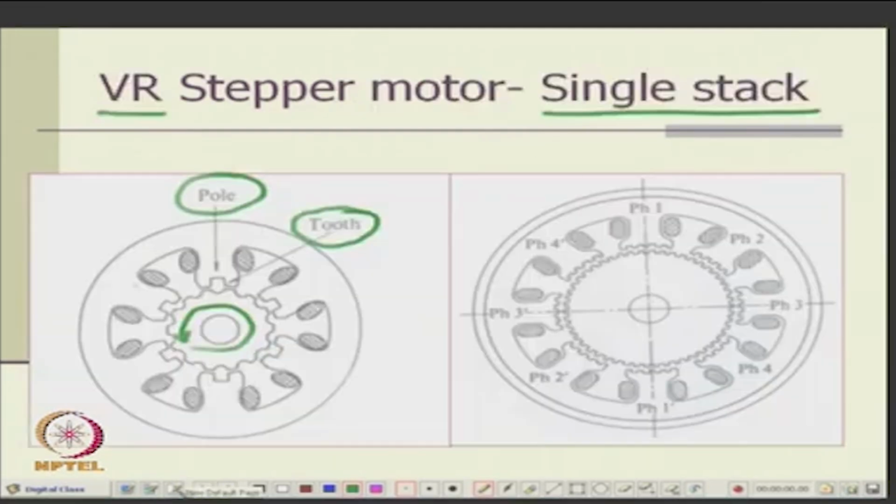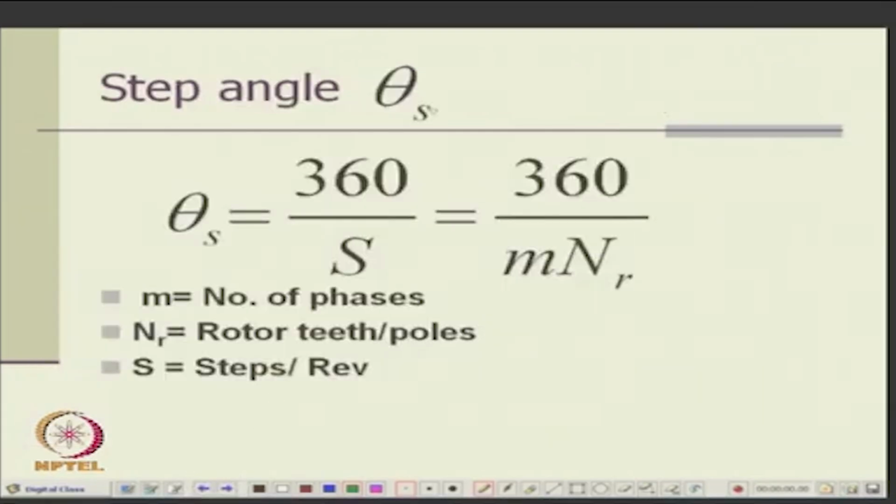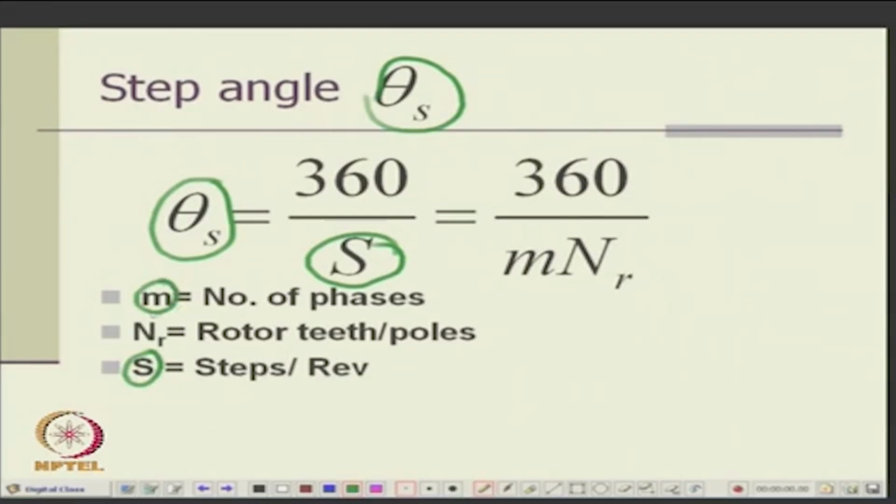So, now the step angle in this case theta s will be 360 by s, where s is the steps per revolution. If m is the number of phases and nr are the rotor teeth per pole, if there are more phases the angle is less, and if there are more teeth per pole, then it will be further divided: 360 by m into nr.